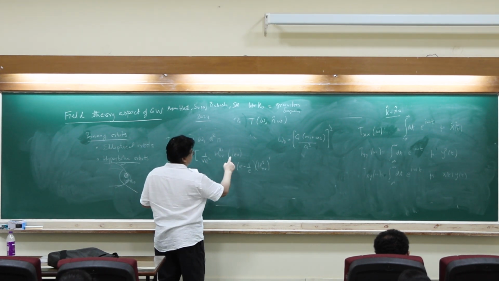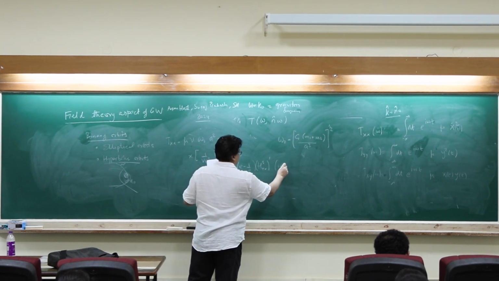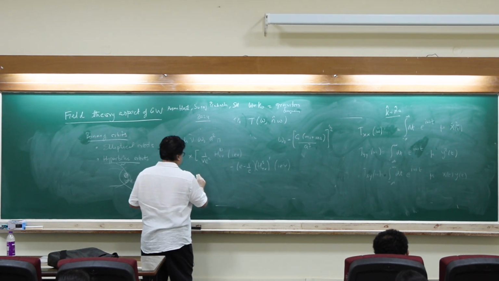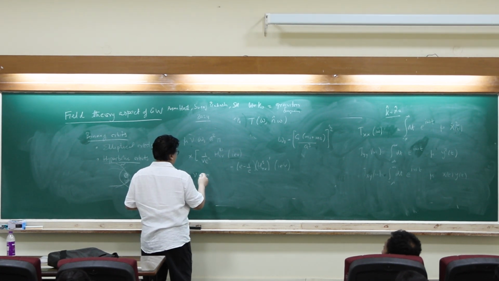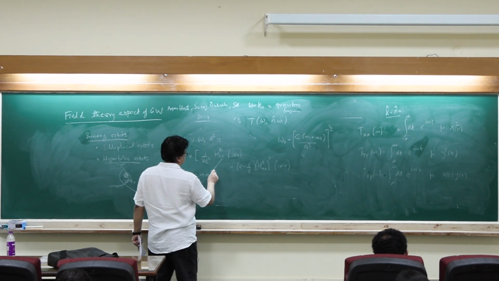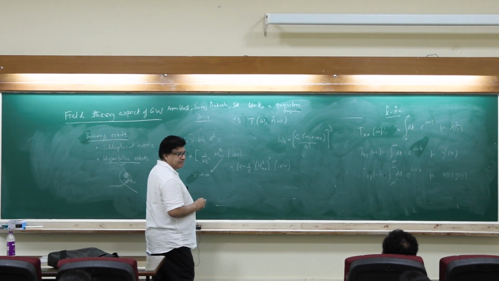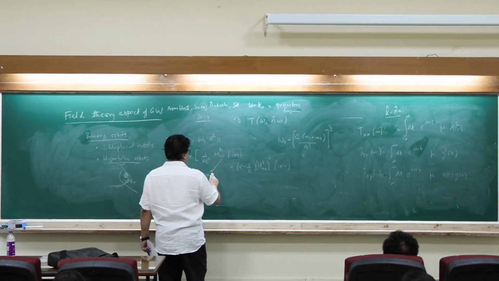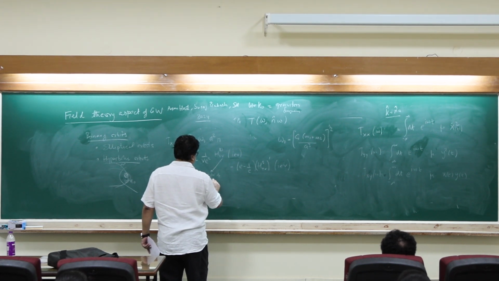Prime means derivative with respect to the argument of this in nu. So this nu is the order of the Hankel function.